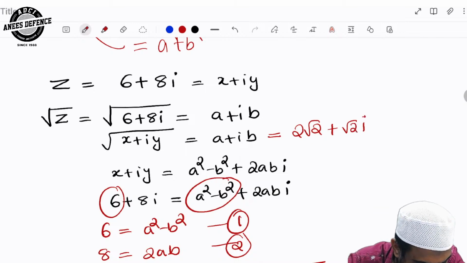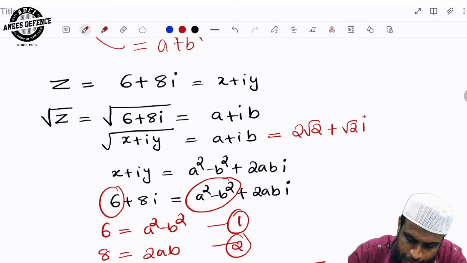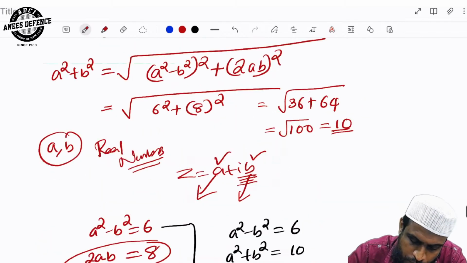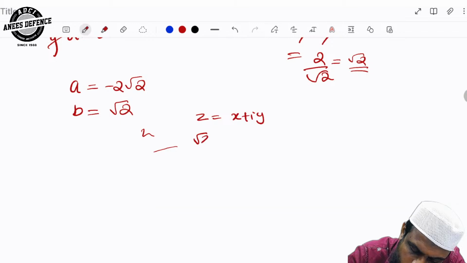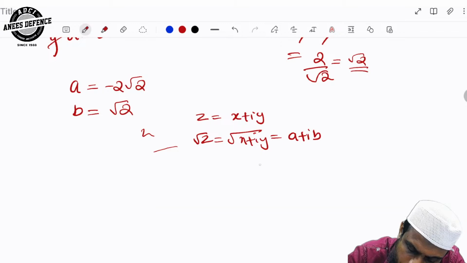Another possibility, because root of z is equal to root of x plus iy equal to a plus ib.